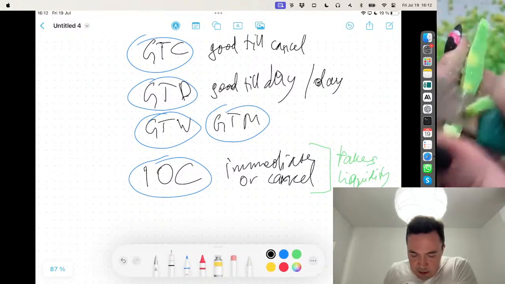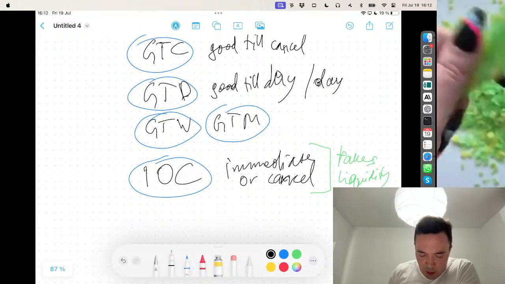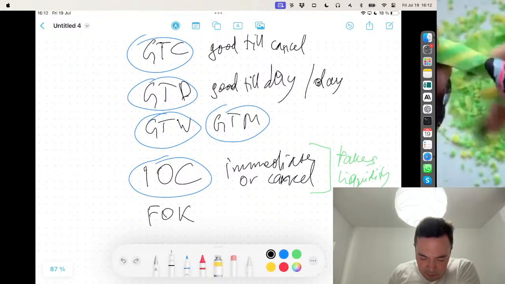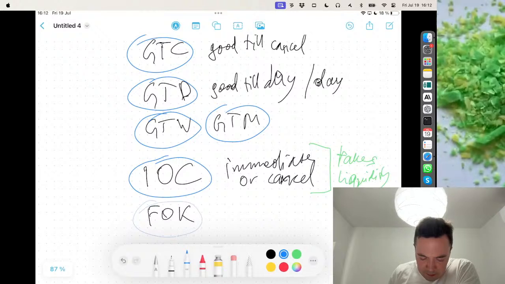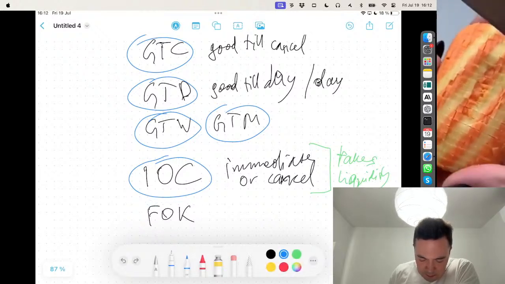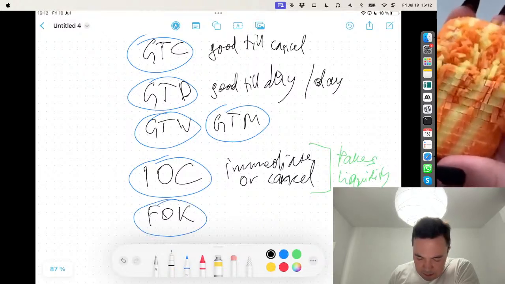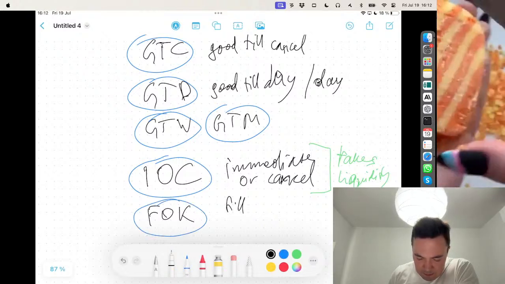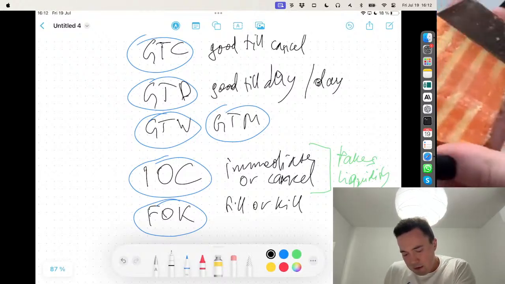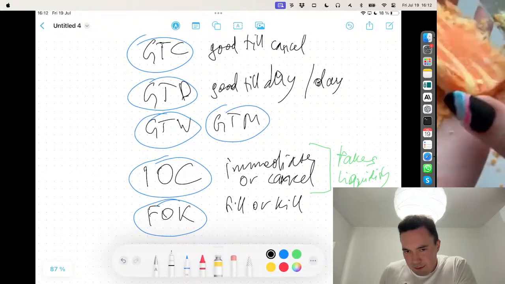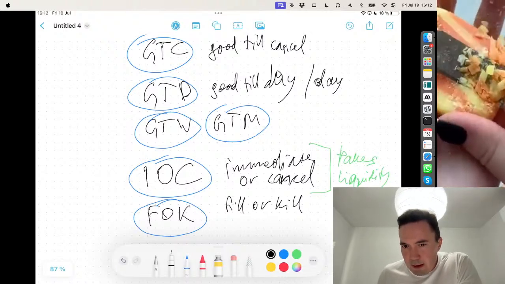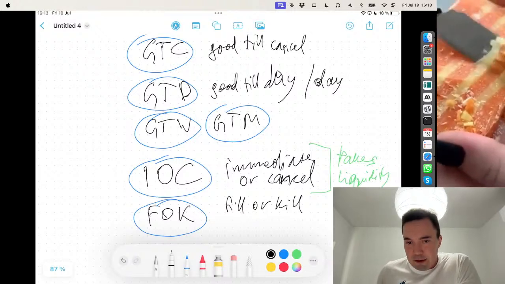This expiration type also has a brother called fill or kill order. I think we should be careful about the definition of fill or kill, because I've read different definitions.